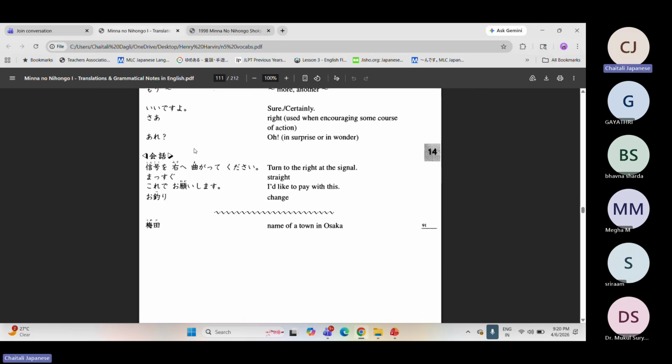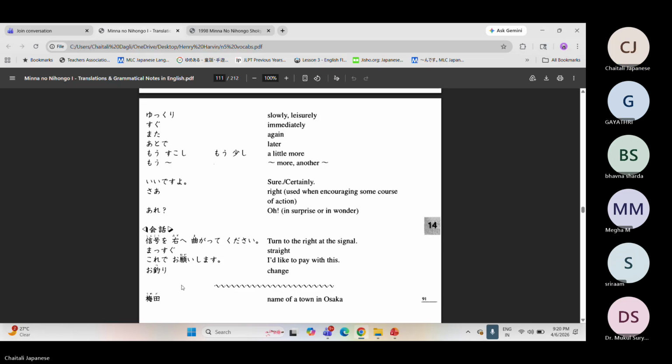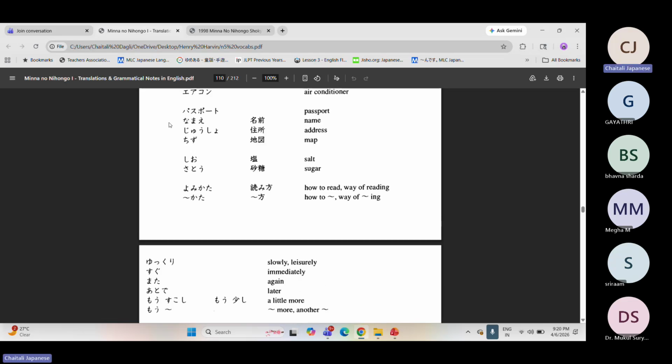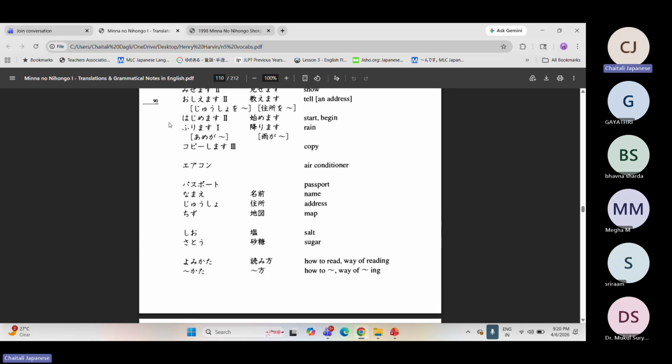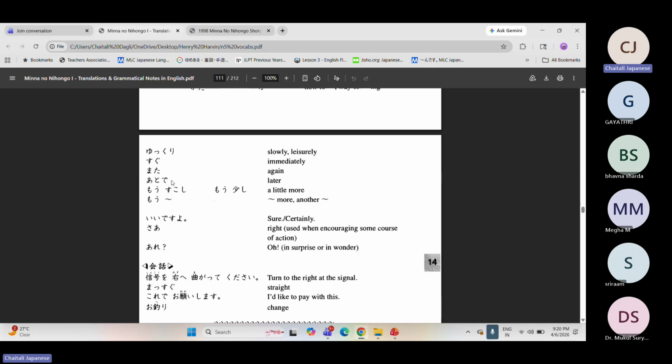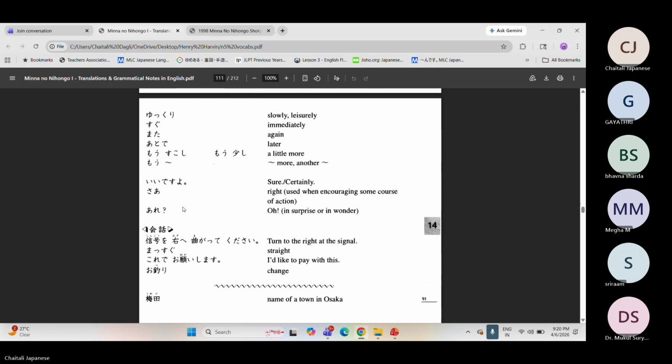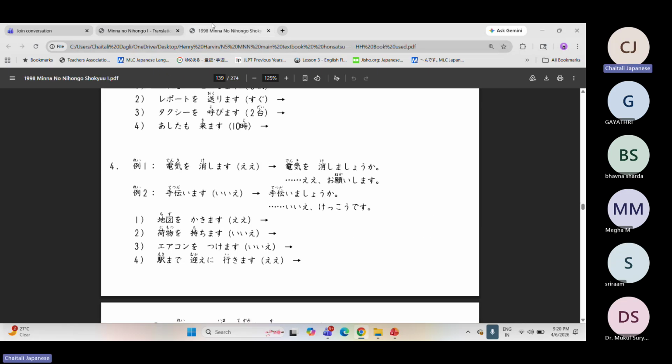If you see here, you have kekko here. One second. Okay, not in this chapter, but in the previous chapter, you have a word called kekko. Can anyone tell me what is the meaning of kekko desu? If you have gone through the vocabularies, can anyone tell me what is kekko desu?